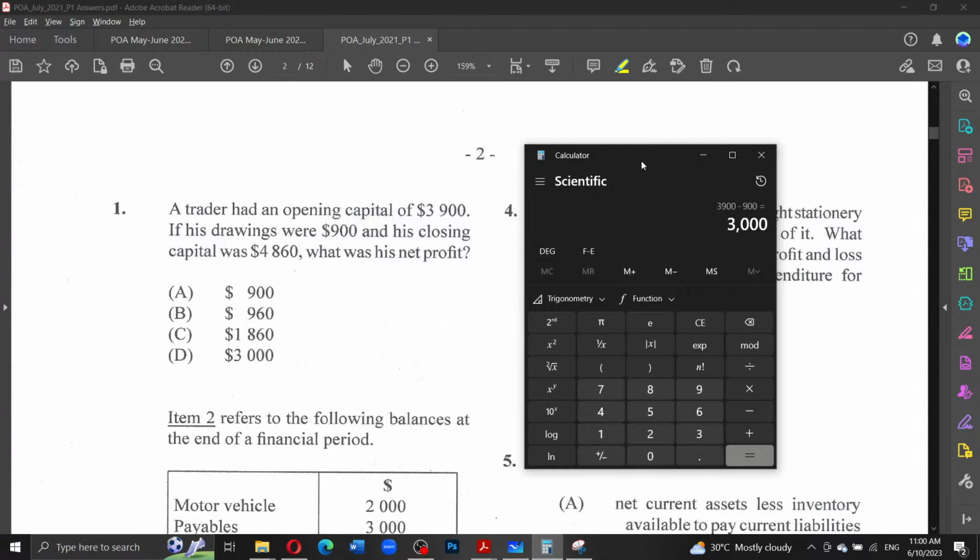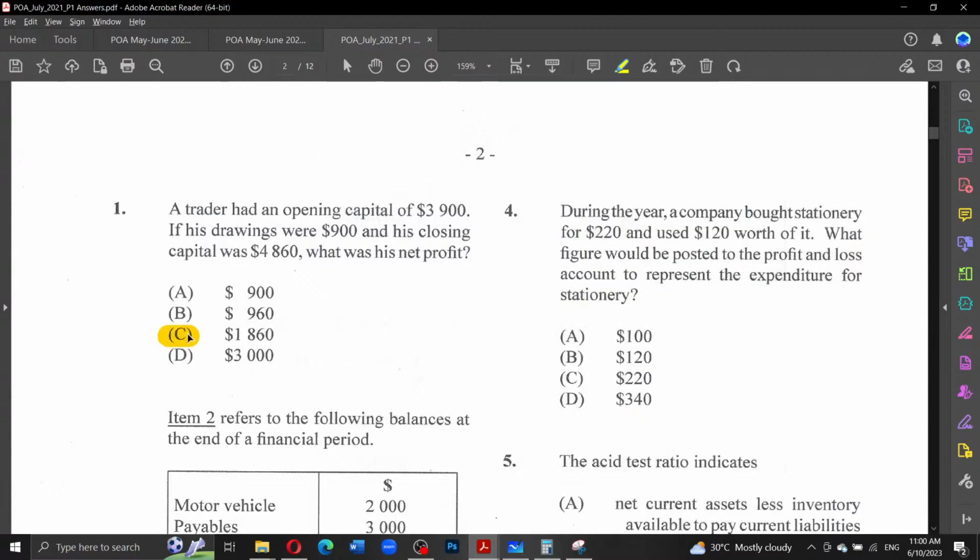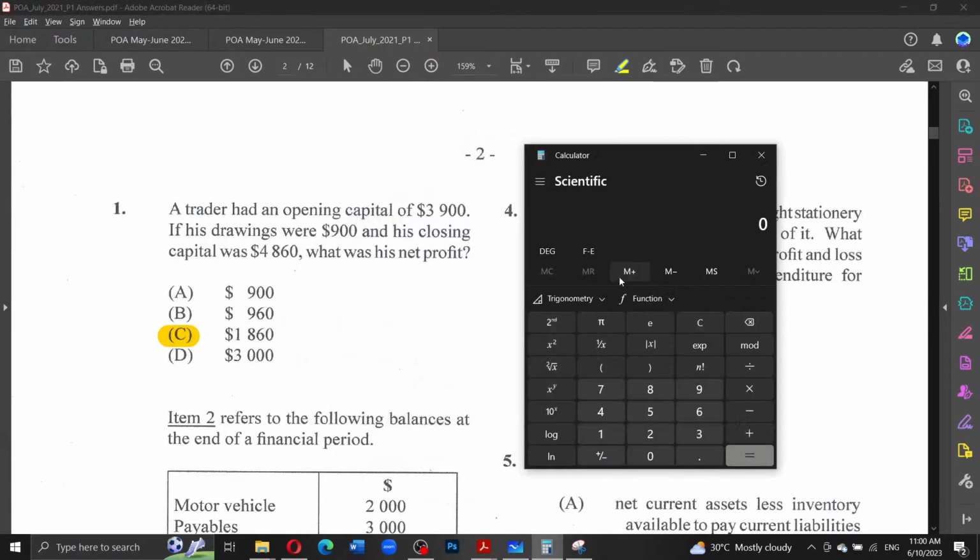Adding the net profit to this, we have to get $4,860 as the closing capital. So the net profit is $4,060. Compute this back: put this in here, minus the drawings, add the profit, and you have the closing capital as that.